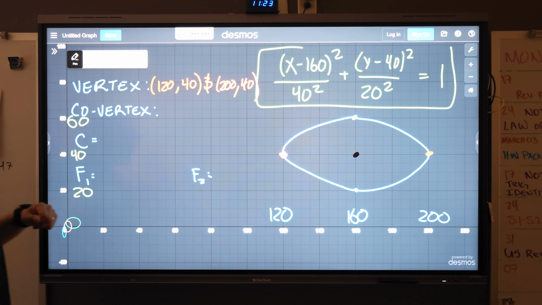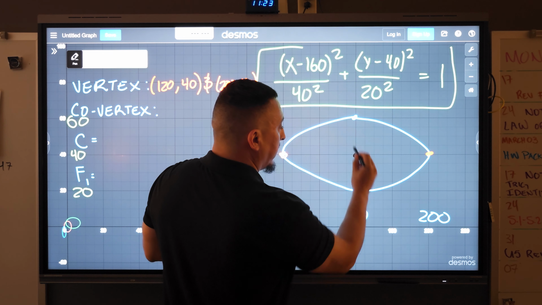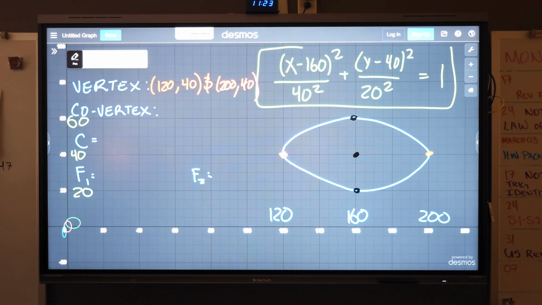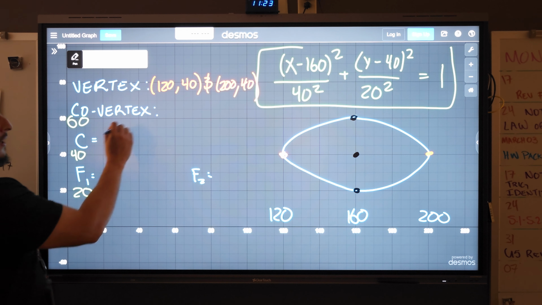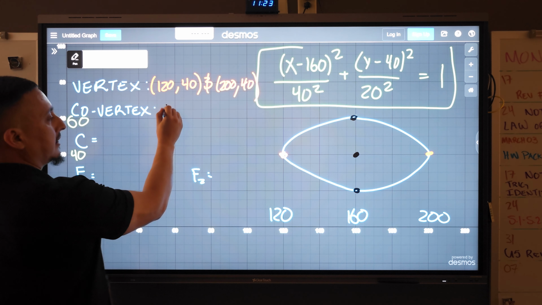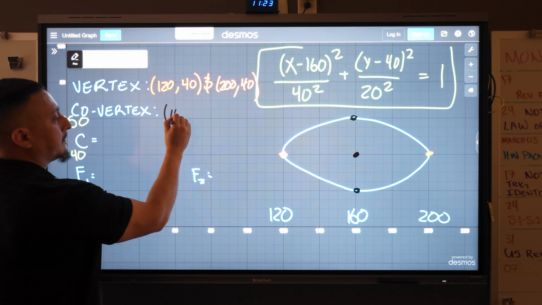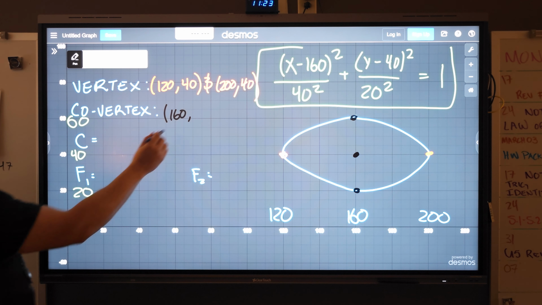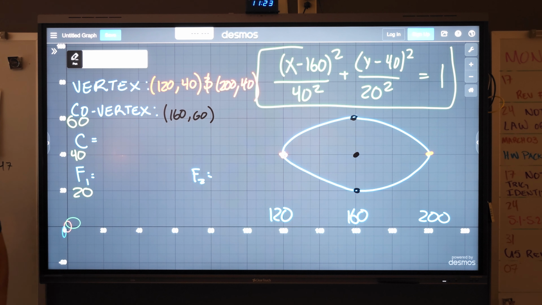There's your vertex, right? The two edges on the long side. The co-vertex is the two vertices on the short axis, on the minor axis. So those two black dots. The top one is located at 160 and 60 on the y. All these are just coordinates. It's the xy coordinate of those points.